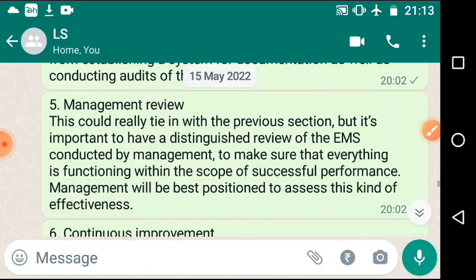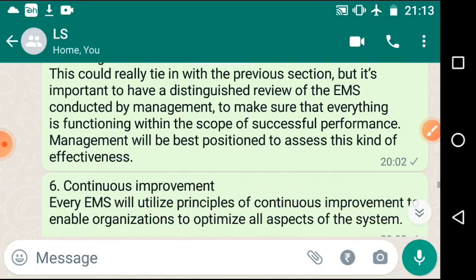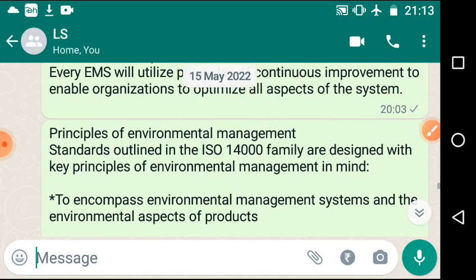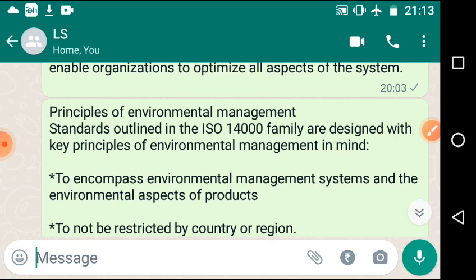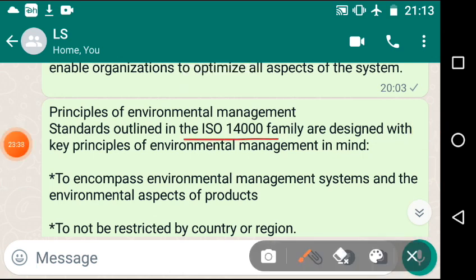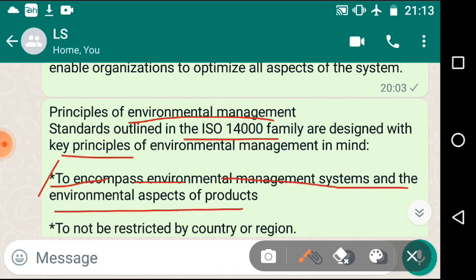Optimize means, as I have said, to make it the best or most effective by using that situation or the resources of that system. So in this way, your environmental management system works on these six principles: your environmental policy, planning, implementation, study and correct, management review, and continuous improvement.